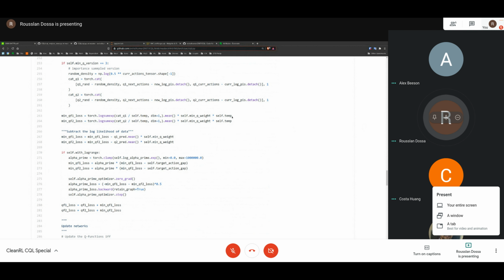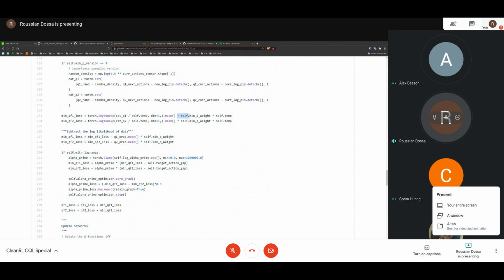I think I shot myself in the foot trying to follow exactly the authors' setup. So here were the coefficients I was talking about. You can see that besides the alpha prime that you use, this is basically the same thing.